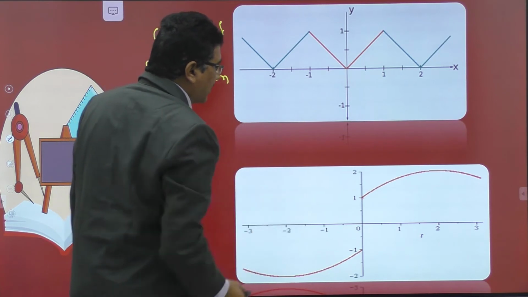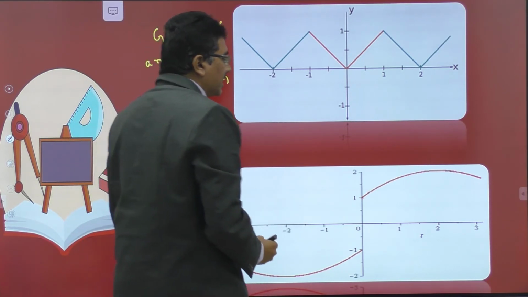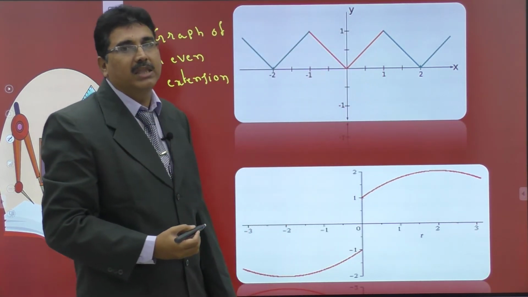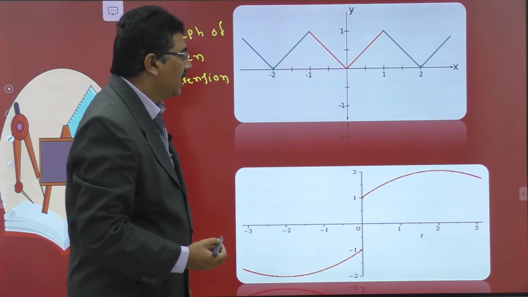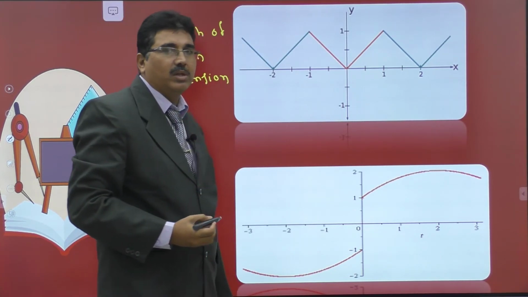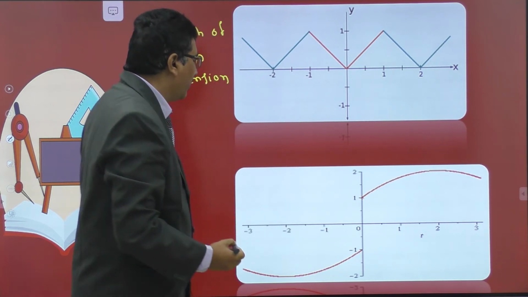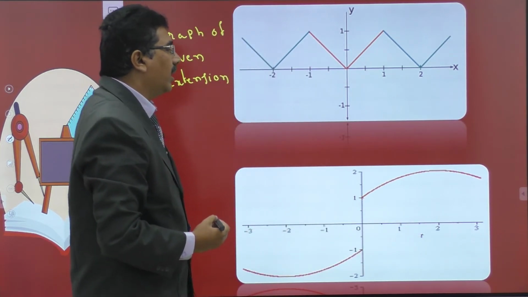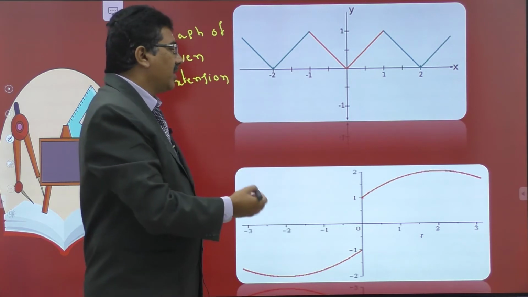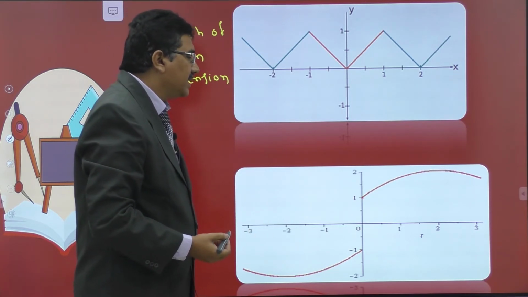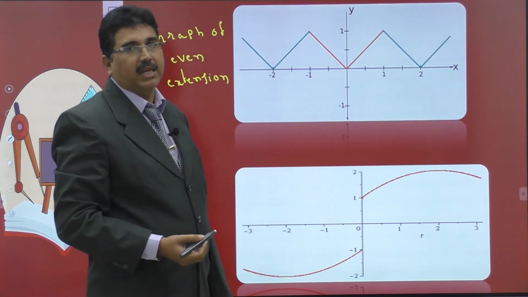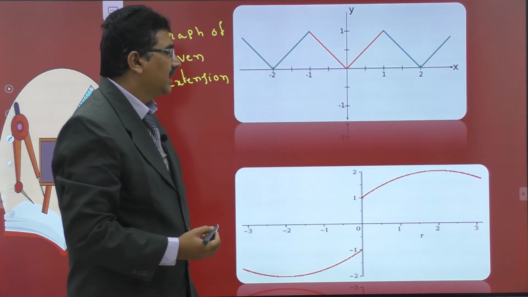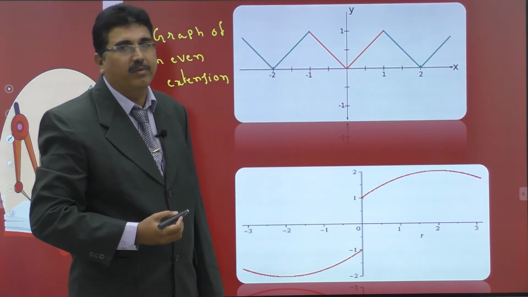Right? Now observe this one. Here suppose the function is defined on the closed interval 0 comma 3. Now this function can be extended to the closed interval minus 3 comma 3. Right? Observe that the graph is symmetric about the origin, so that f of x becomes an odd function.